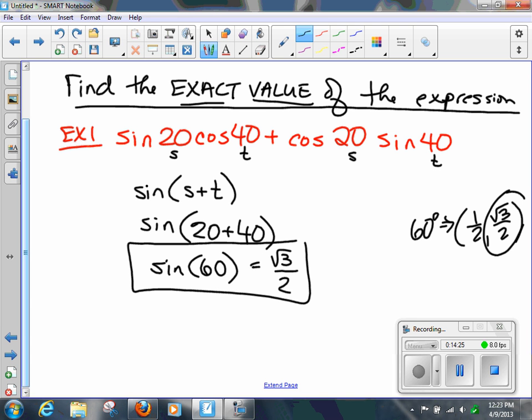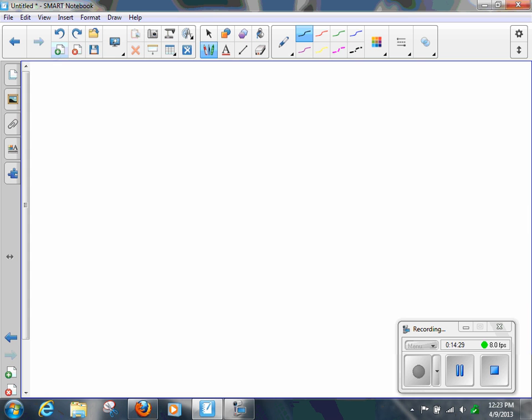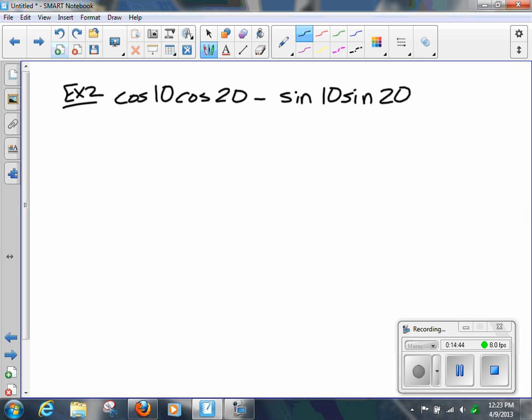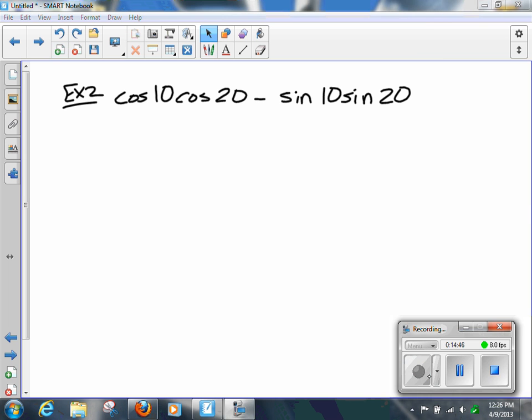Here's another one. Everybody got it? Last one. Cosine 10, cosine 20, subtract sine 10, sine 20. I know, it's like a Christmas tree.